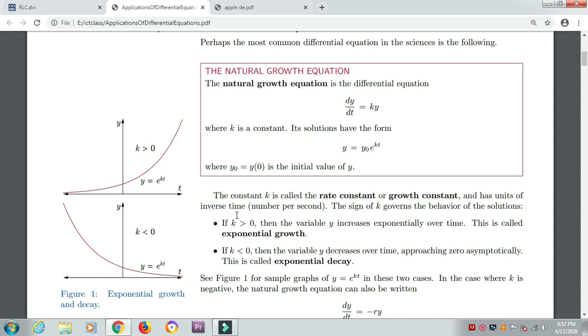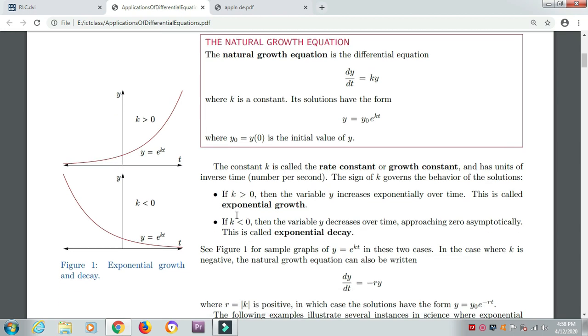This is called the exponential growth. And second case, if k less than 0, then the variable y decreases over time, approaching 0 asymptotically. This is called an exponential decay.